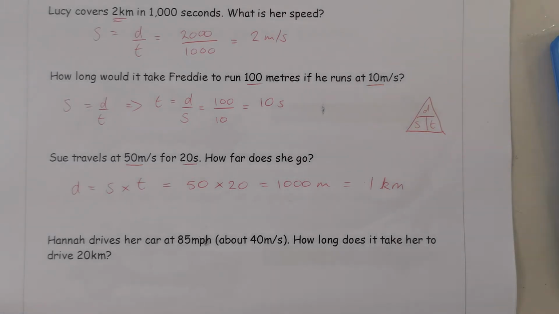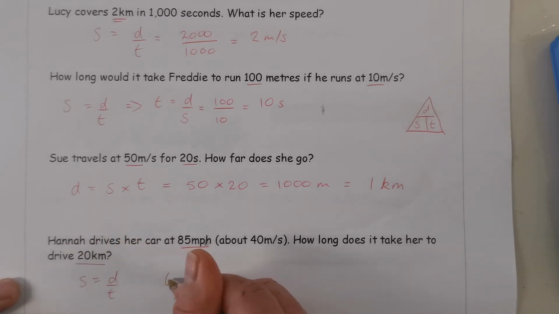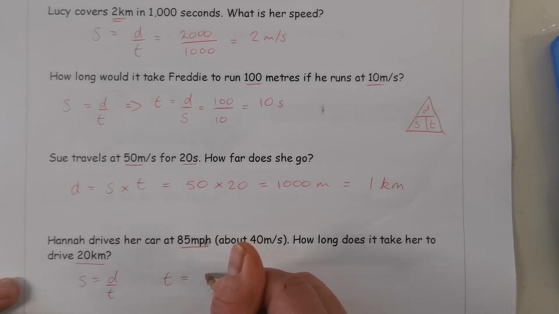Hannah drives her car at 85 miles per hour. That's about 40 meters per second. How long does it take her to drive 20 kilometers? So we've got to be careful here with our units. They've given us 85 miles per hour, but they've also given us 40 meters per second, so we're going to work with that one because that's the one that's going to work together. How long? Speed equals distance divided by time. Time equals distance divided by speed.